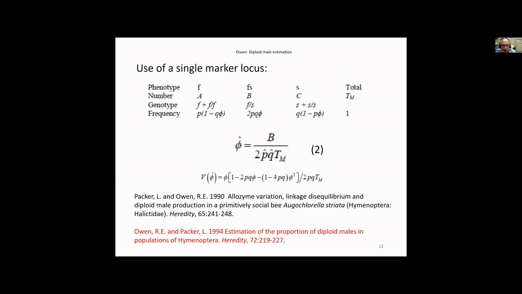And now the variance, of course, is not binomial. It takes a little bit more working out because you've also got the allele frequencies in there. But it's very obvious. It's the number of heterozygotes observed divided by basically the heterozygosity times the total number of males.